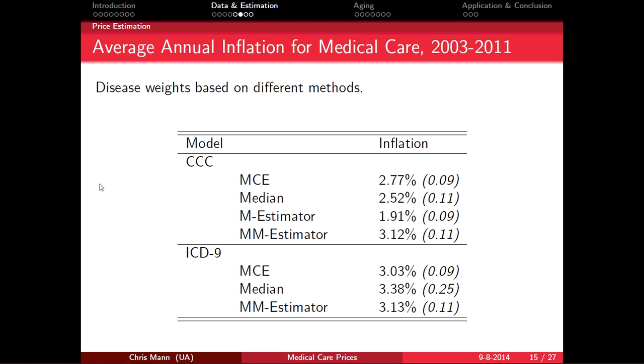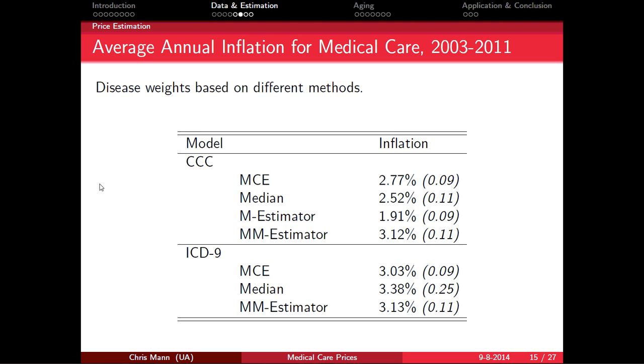Now, at the ICD-9 level, the MCE isn't quite as low. In this case, average annual inflation would only be estimated at roughly 3%. So that's about a 0.25% difference between the exact same data, but using a slightly different disease aggregate.